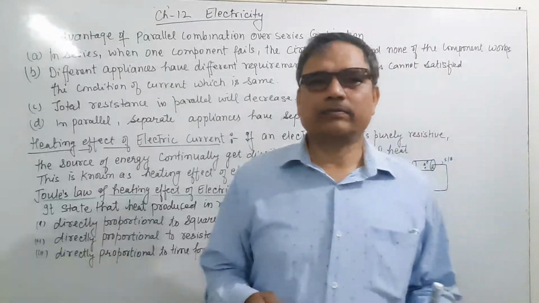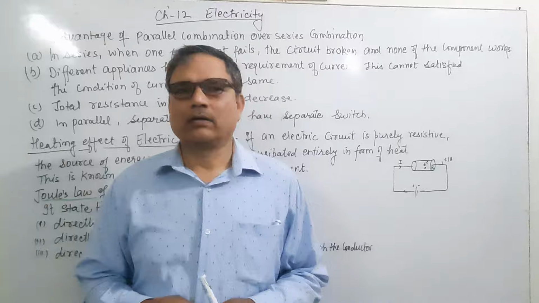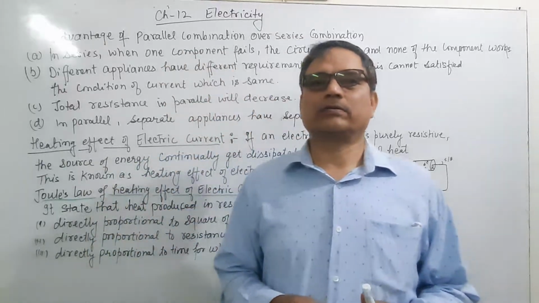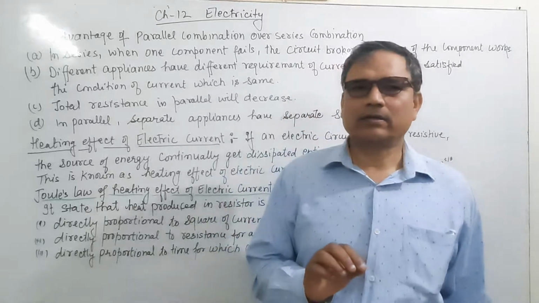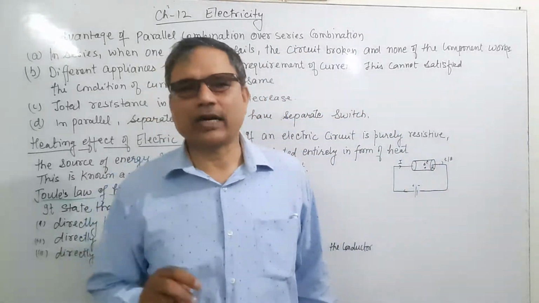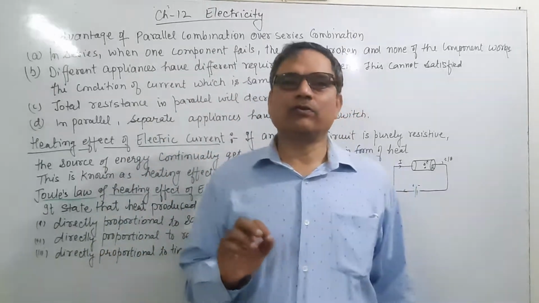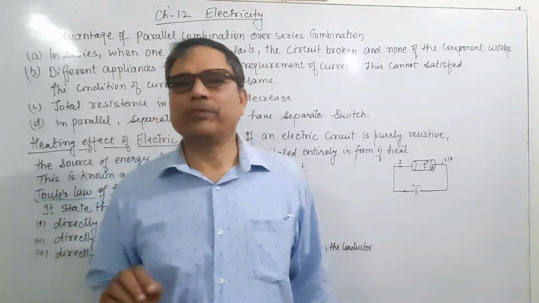There are many advantages why we are using parallel, not series. You know it very well. In series, if one bulb gets damaged, then automatically the other bulbs are affected. Second, in series combination, the total resistance will be more, meaning it increases.